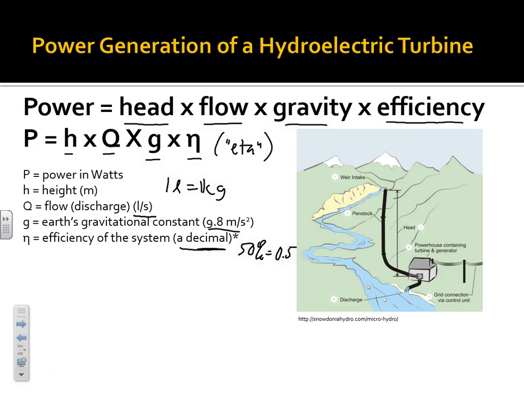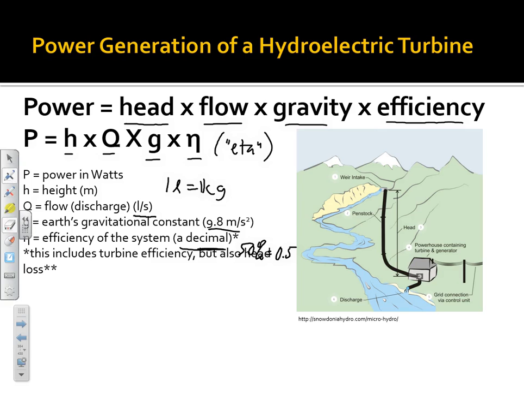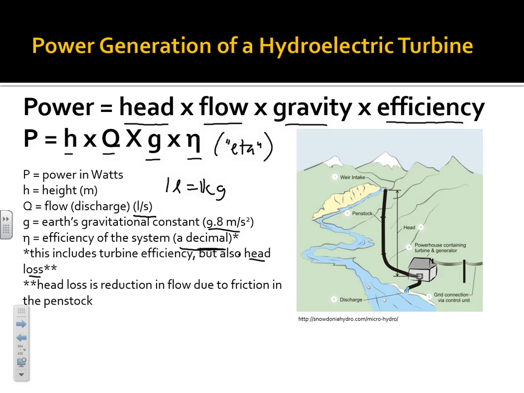Now, this is the efficiency of the entire system, so we have to take into consideration a few things here. This includes the turbine efficiency, but also what's called head loss. Head loss is the reduction in flow due to friction in the penstock. So no matter what happens, you're going to lose some to friction.